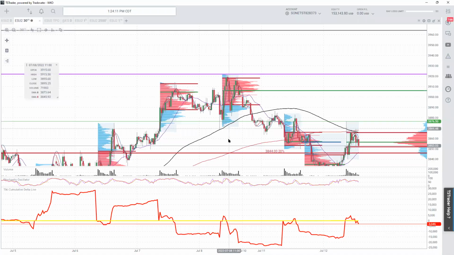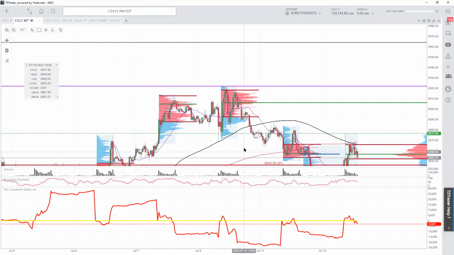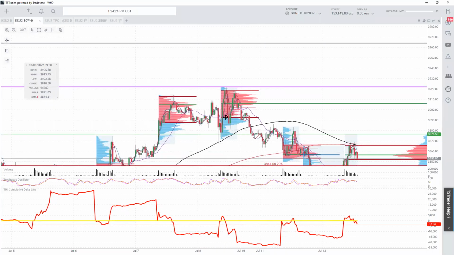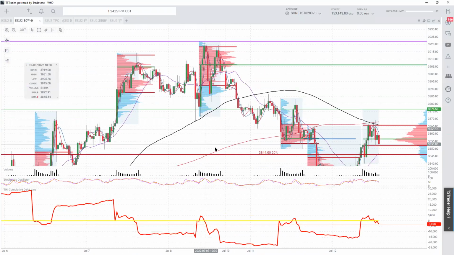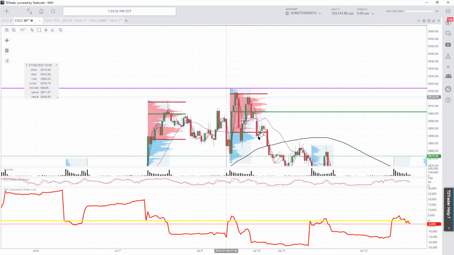Because again, we added 6,100 in open interest. So that gives us the idea, okay, we got maybe some longer time frame speculators or hedge funds, banks, whatever it is, that are buyers up here.